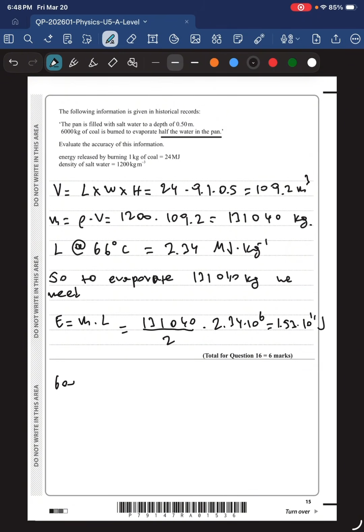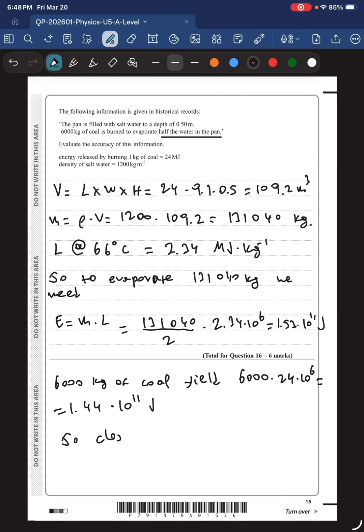Now, 6,000 kilograms of coal yield 6,000 times 24 times 10 to the 6 joules when burned, or 1.44 times 10 to the 11 joules.